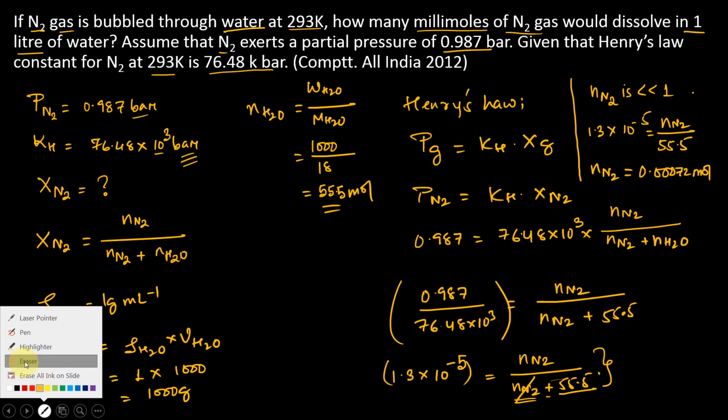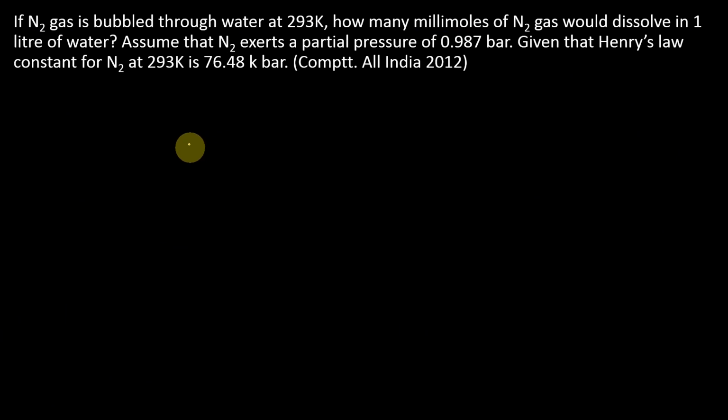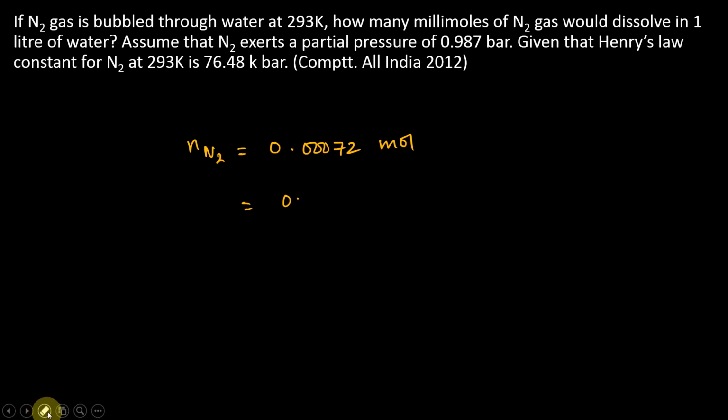Now if I convert this into millimoles, the number of moles of nitrogen came out to be 0.00072 moles. Since they have asked about millimoles, directly converting it, it will be 0.00072 into 10 to the power 3, moles to millimoles, correct?